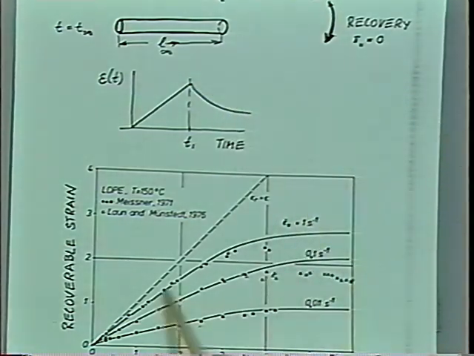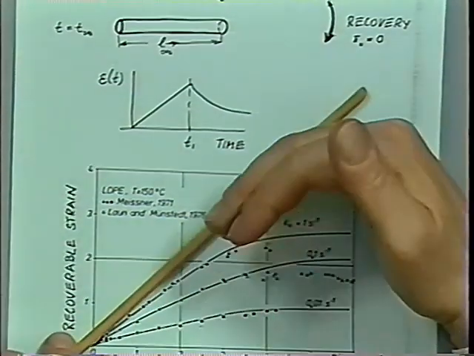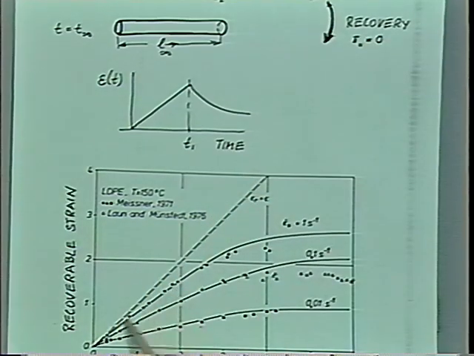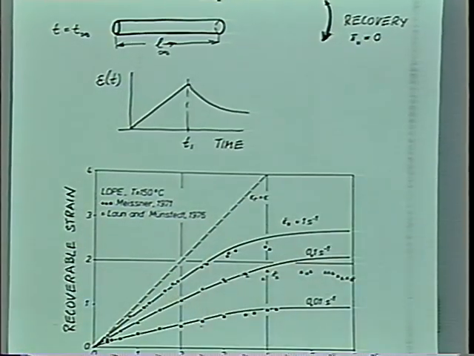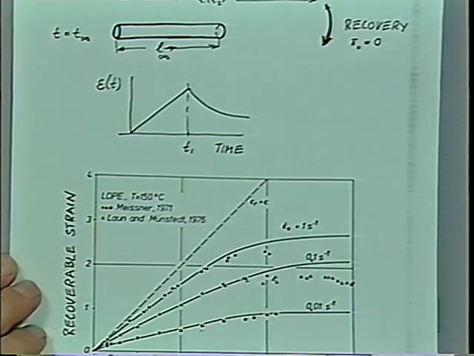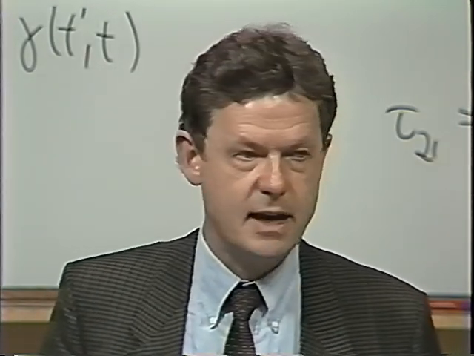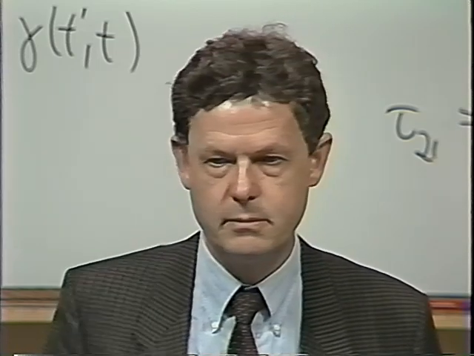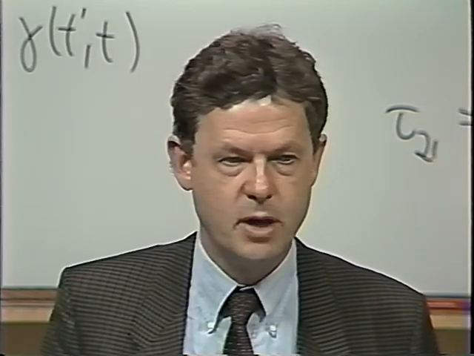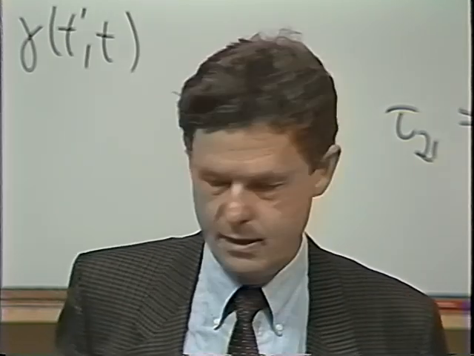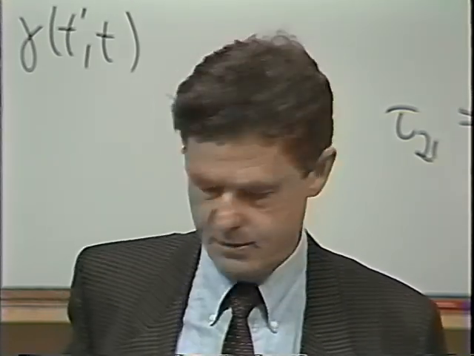So the recoverable strain will never be equal; it will fall below this line here, and you see the data modeled very nicely with the strain function of Wagner, where the irreversibility has been introduced. So that's a very valuable concept. You have to imply that when modeling recovery or die swell experiments, for instance.